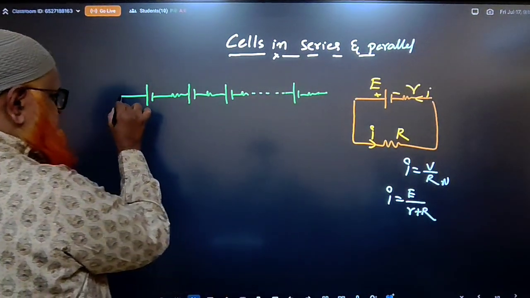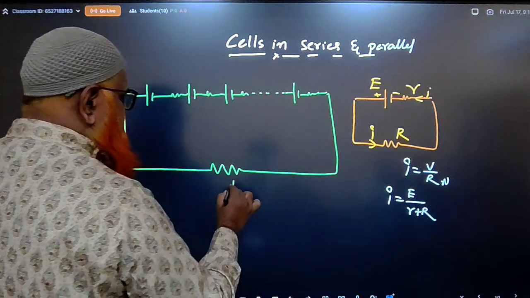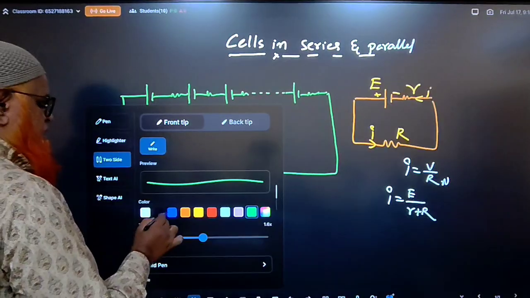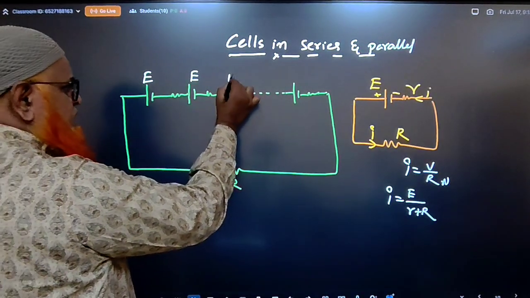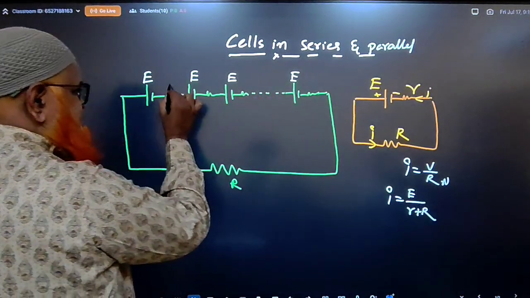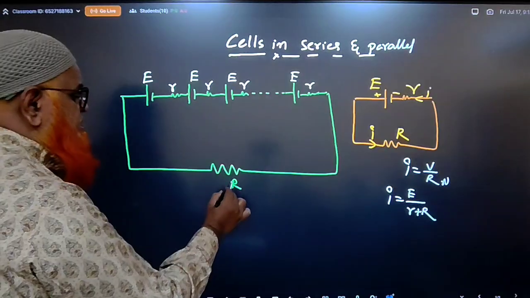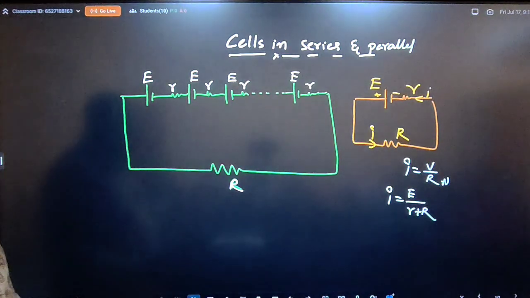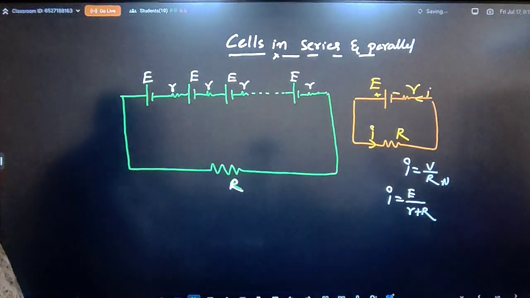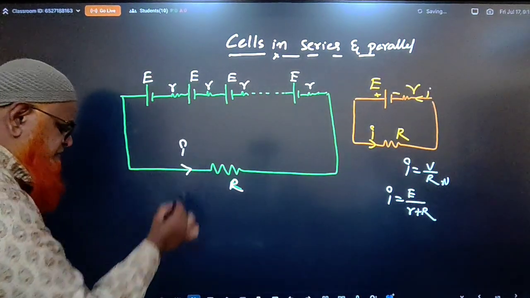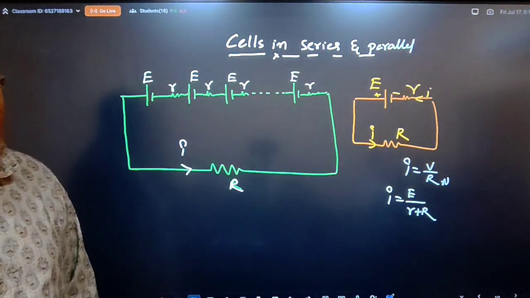Cells are connected in series, and all these cells are connected to an external resistance capital R. Each and every cell has the same EMF E, and each has internal resistance small r, combined with an external resistance capital R. Now we have to find out the current passing through the circuit.